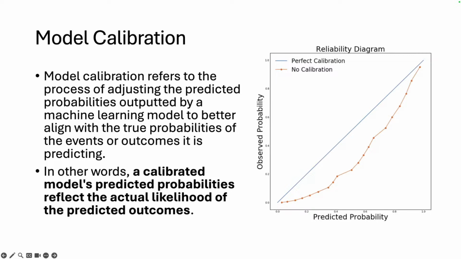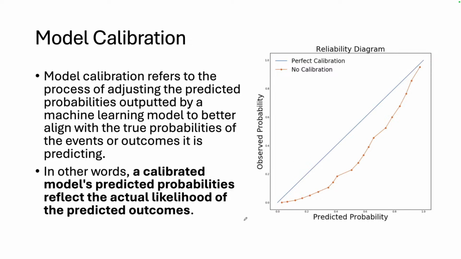I'm trying to think of a better way to draw this. So over here on the right is the diagram. This orange line is the distribution of the model's prediction and outcomes, and the blue line is where we want to get to.